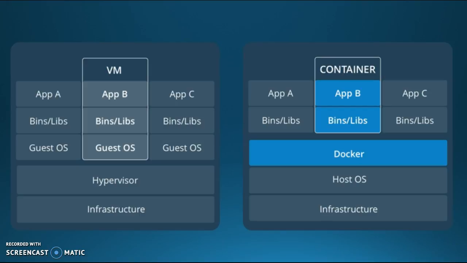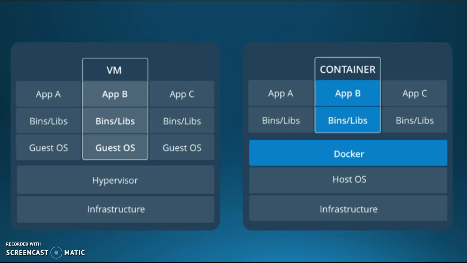They're similar in that they have similar resource isolation and allocation benefits, but they function differently because containers virtualize the operating system instead of virtualizing the hardware like virtual machines do. Because of this, Docker containers tend to be more portable and efficient, so they're easier to distribute and share among other developers, other machines, etc.